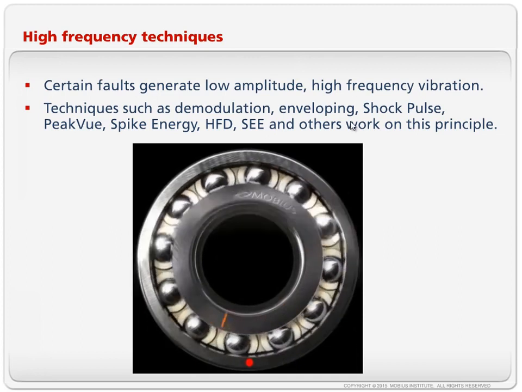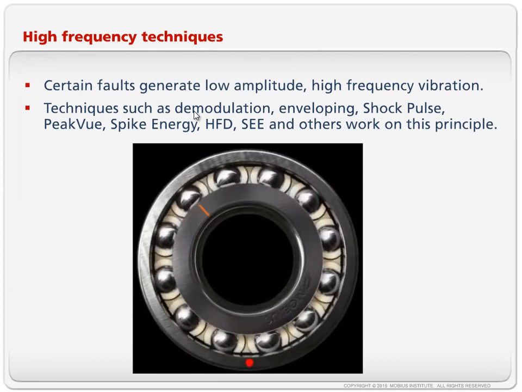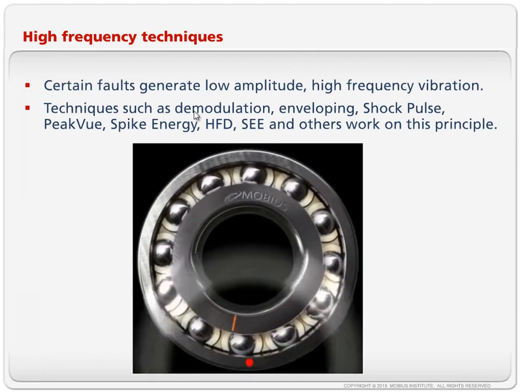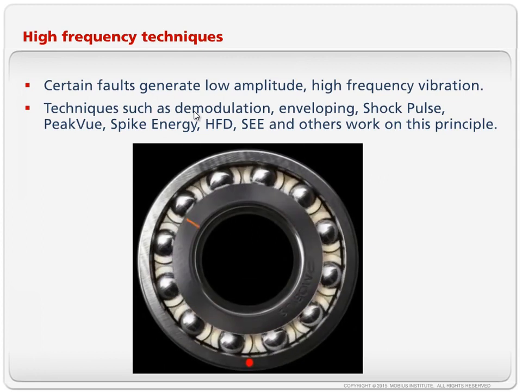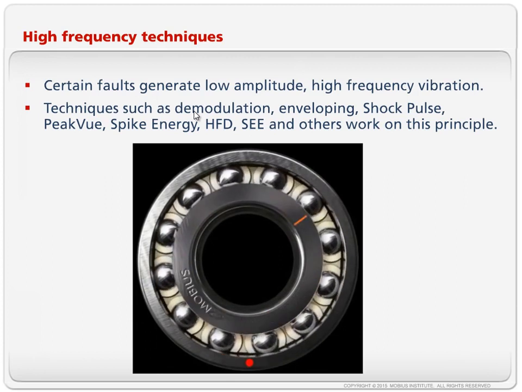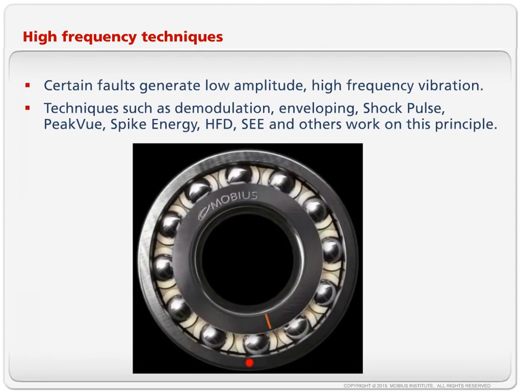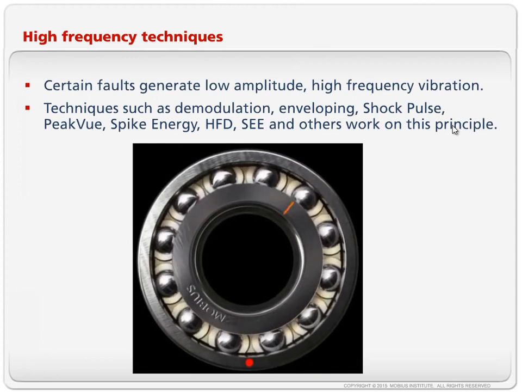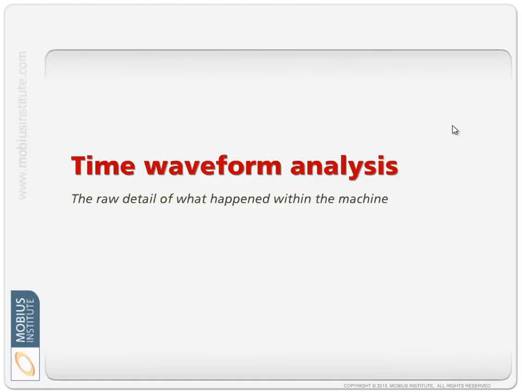And using these techniques we sort of translate that back to the low frequency part of our spectrum where we can do our normal spectrum analysis and look for all those telltale peaks at the key frequencies for bearings and gears and such. Okay, so that's an important technique which you should certainly be using, in my opinion, if you've got rolling element bearings, if you want an early warning.